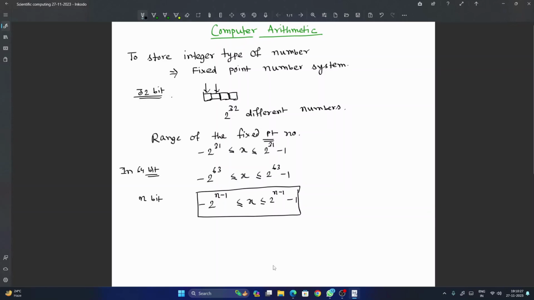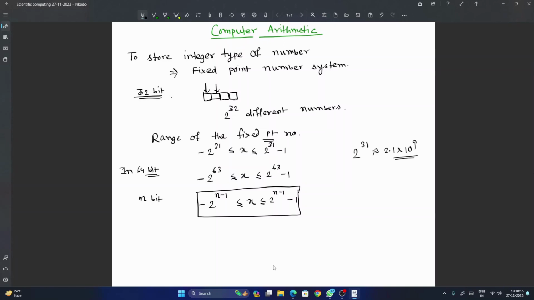But the problem is, 2 to the power 31 is about 2.1 times 10 to the power 9. So it is not a very large number that you can store in a machine, and that is a problem. In this fixed point number system you have limitations.